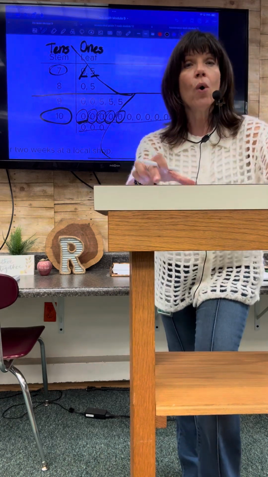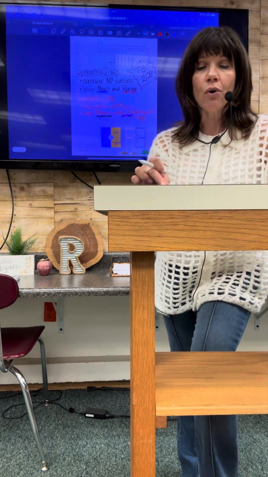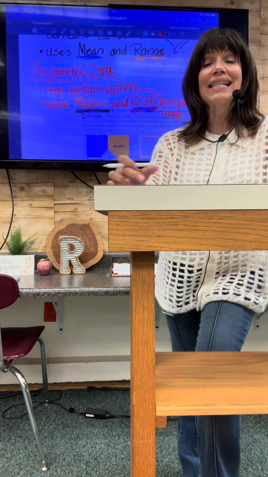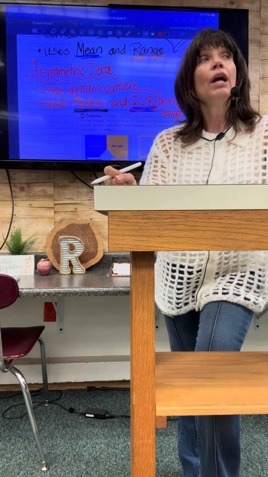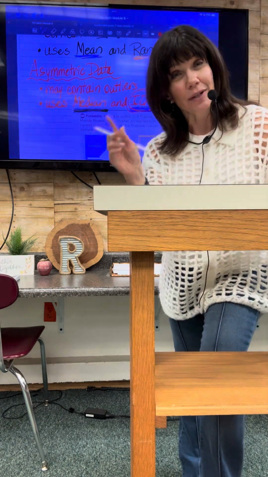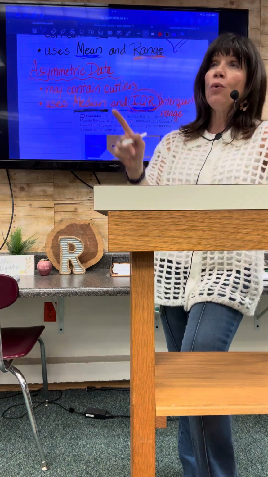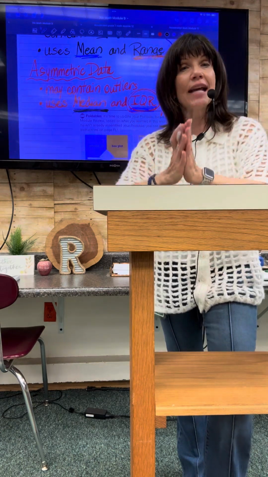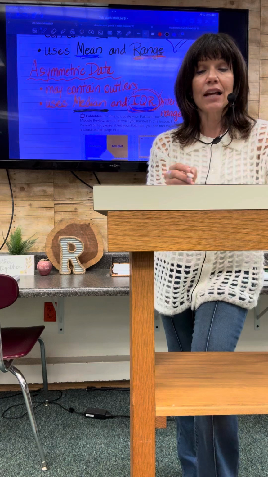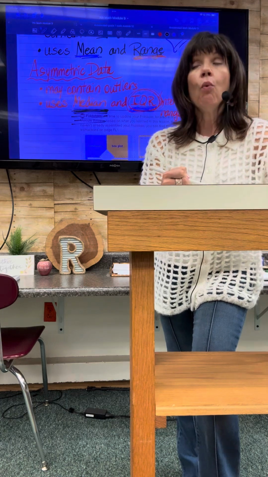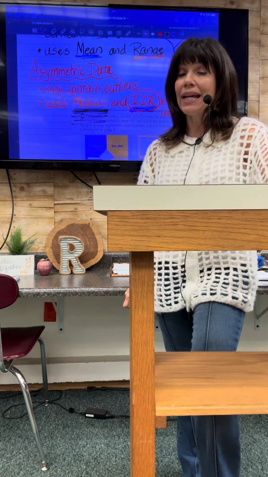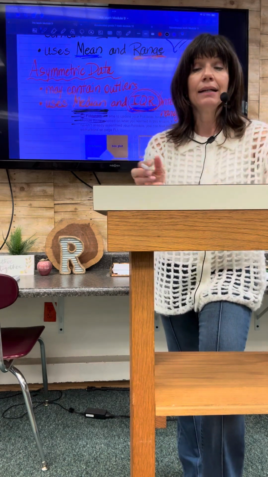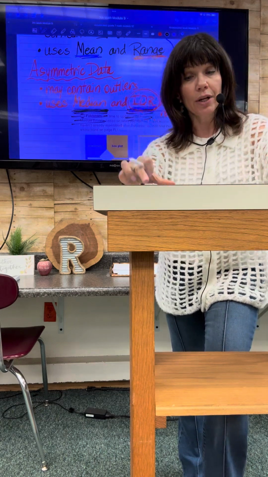No. So what is it? Is it symmetric or asymmetric? It is asymmetric data. It may contain outliers, but it doesn't have to, and this one does not. But what will we use for the center of asymmetric data? Say the word, median. What will we use for range of asymmetric data? IQR. Again, we're going to talk about that.